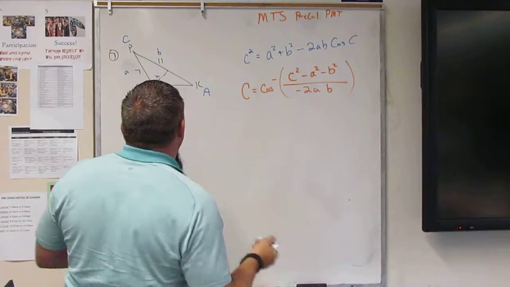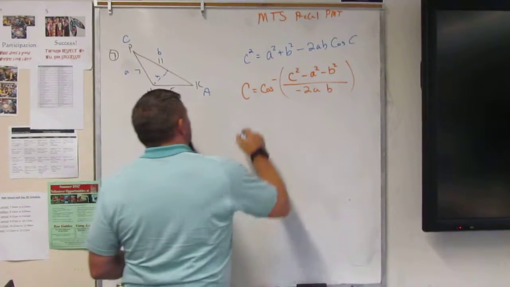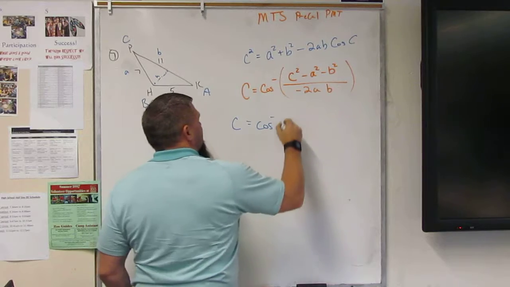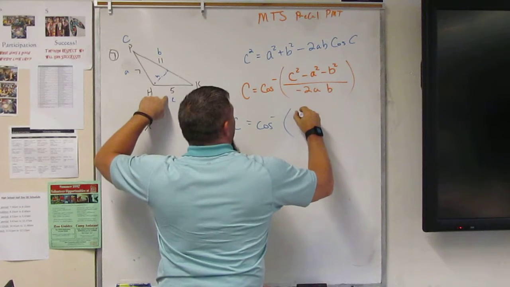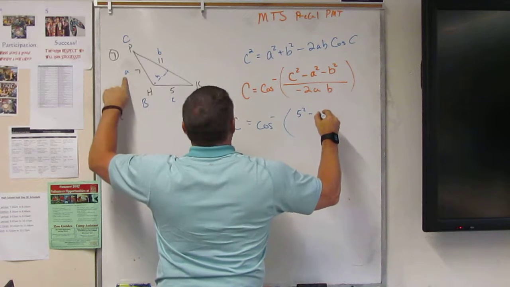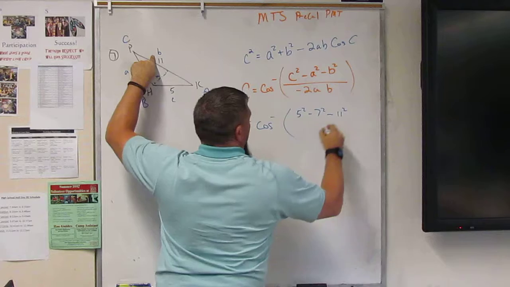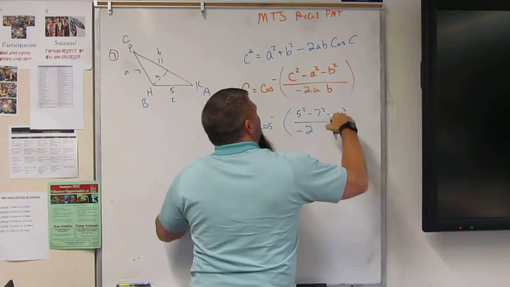So from there, we just plug in numbers. So C is going to equal cosine inverse of little c, which is 5 squared, minus A, which is 7 squared, minus B, which is 11 squared, all over negative 2AB.